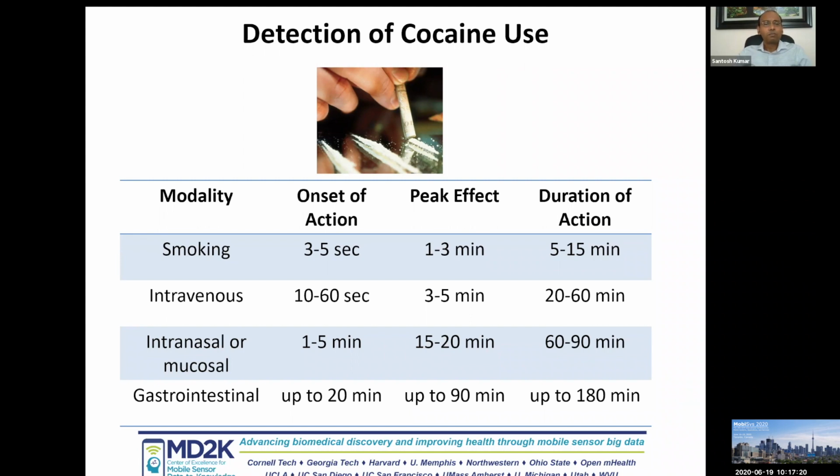And if we collect only self-report labels from participants, asking them when they took cocaine and how they took it, again, we will have noisy labels.